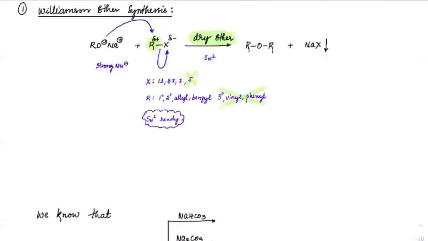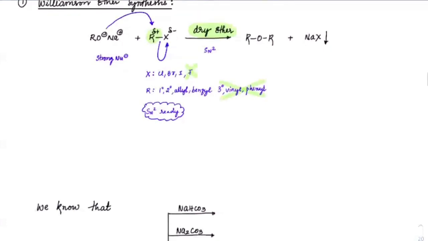SN2 ready means X has to be this and R has to be this kind of a group. Right, check this.